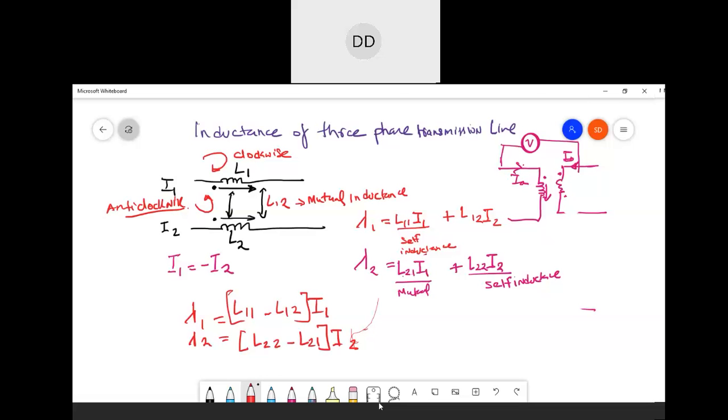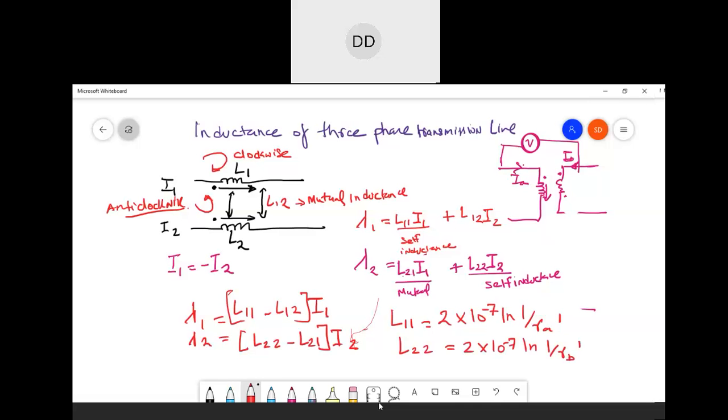Now your L11 can be reflected in terms of inductance as 2 into 10 power minus 7 ln of 1 by RA dash. Similarly, L22 would be 2 into 10 power minus 7 ln of 1 by RB dash, which we saw previously.